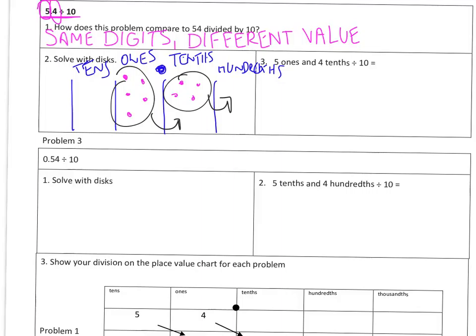So now everything's over to that side of the decimal. So I have 5 tenths and 4 hundredths. Now remember, 10 is the only number that when we divide, everything shifts over one place value. If we were dividing by 3 or 8 or 17, that wouldn't work. It only works for dividing by 10.